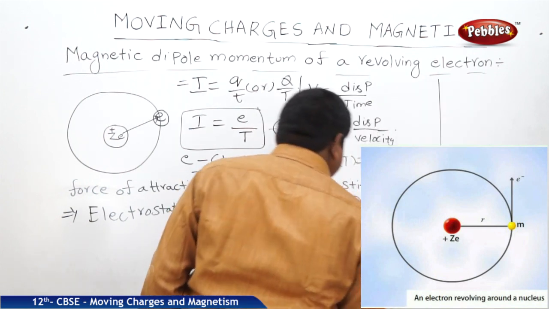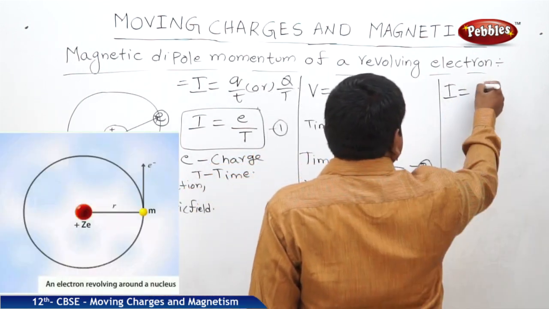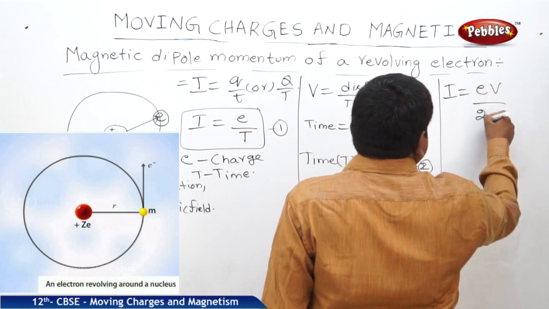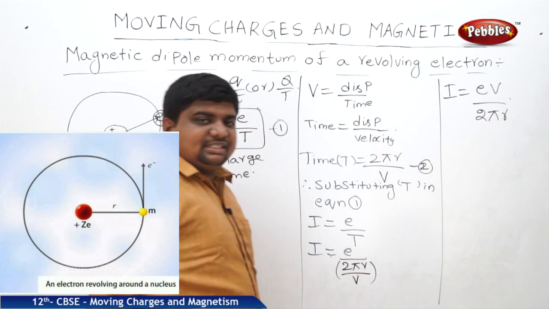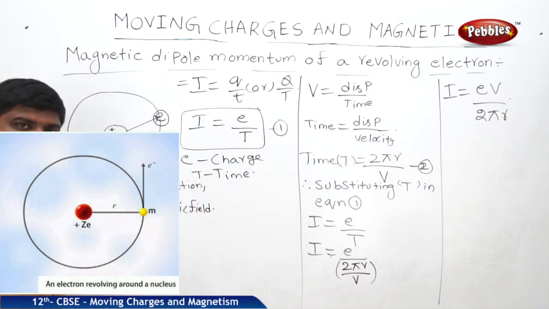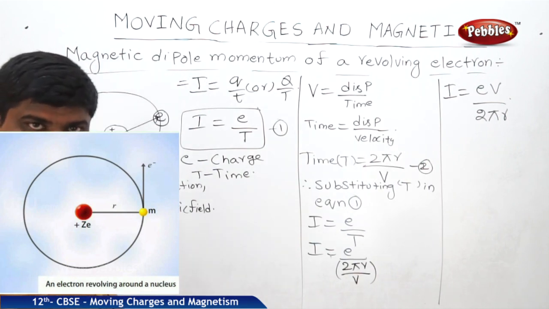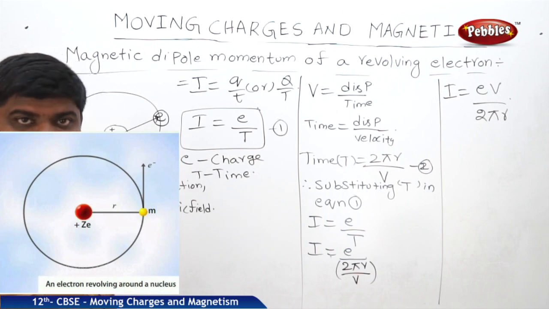Therefore I is equal to ev by 2 pi r. This is the electric current experienced by the electron which is revolving around the nucleus in the circular orbit. Suppose I into pi r square, IA, is magnetic moment.